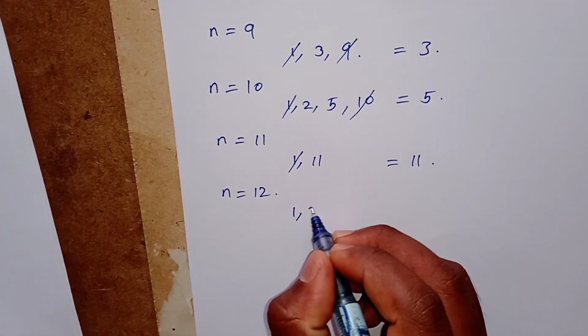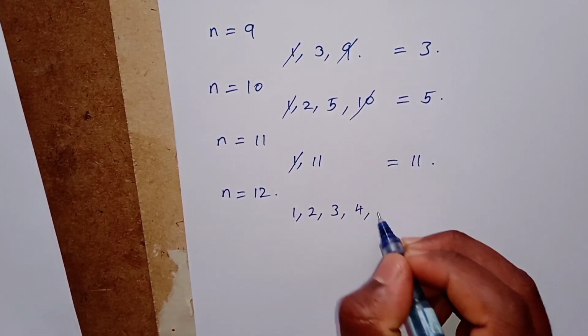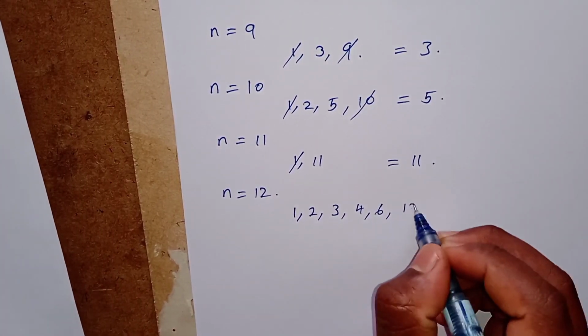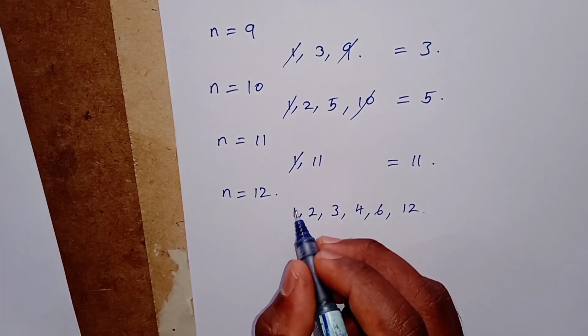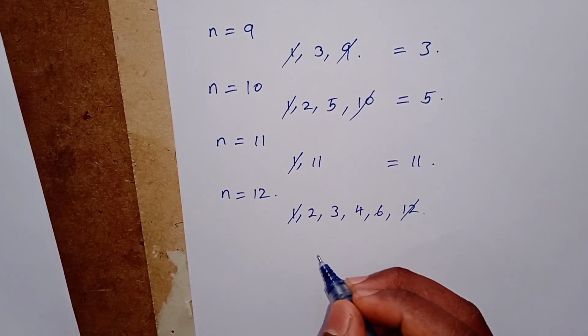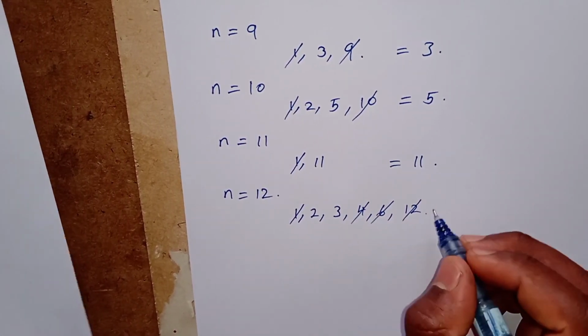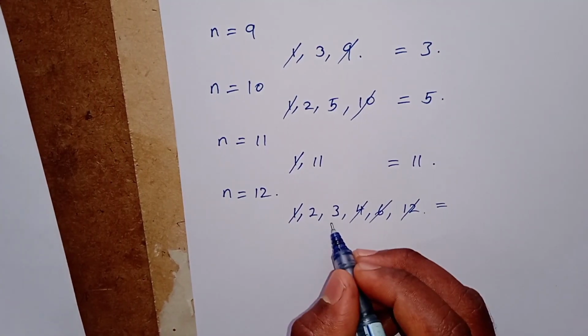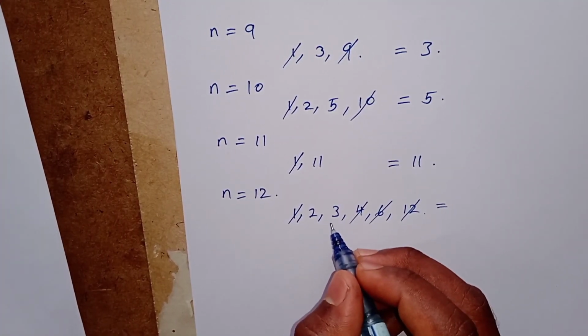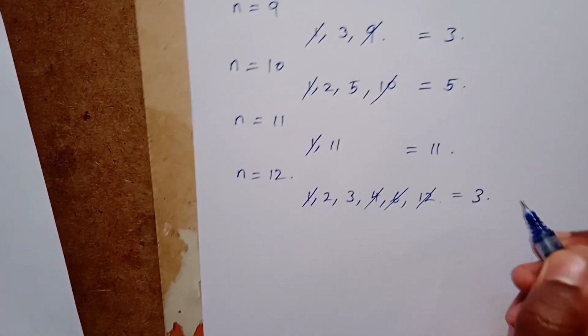The factors are 1, 2, 3, 4, 6, 12. Now I am cancelling the ones that are not prime. Therefore 2 and 3 are my prime numbers, but I need only the highest prime number. Therefore the highest prime number is 3.